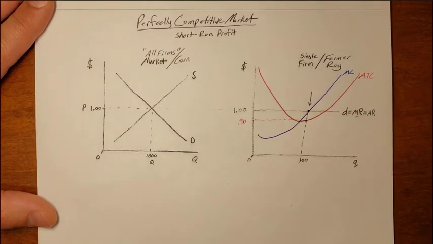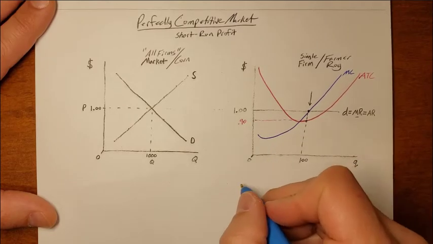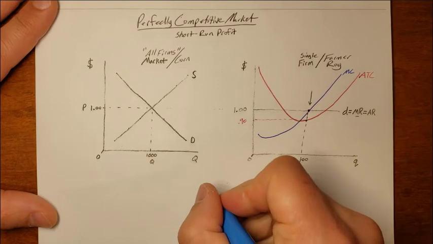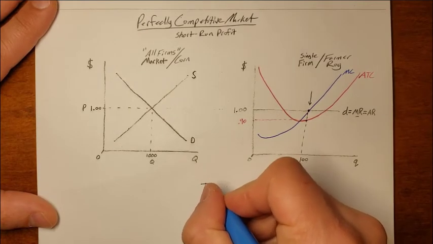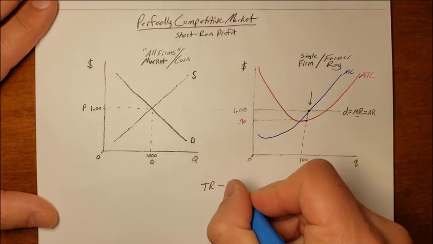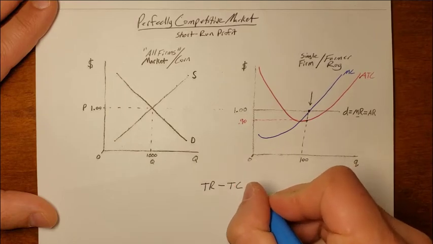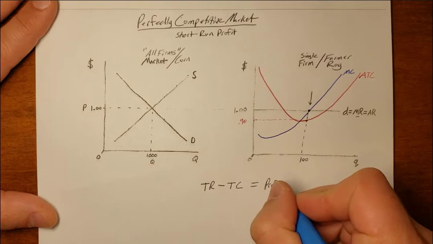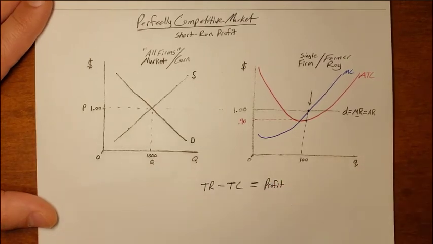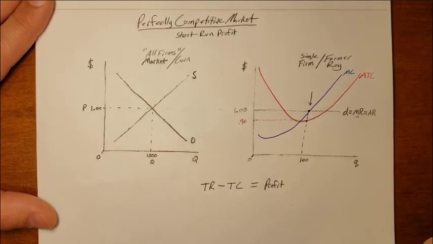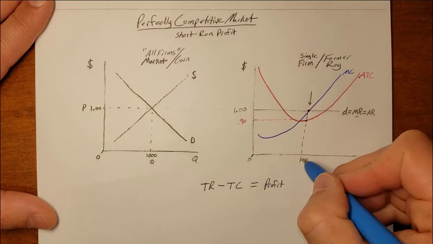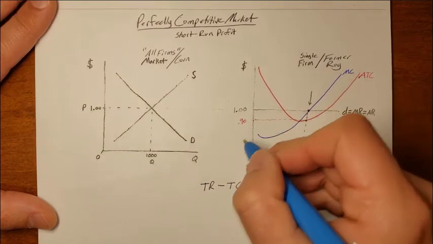And if that were the case, that means that the total revenue minus the total cost equals your profit, or loss in some cases. His total revenue is going to be $1 times 100. Okay, so this is going to be his total revenue.